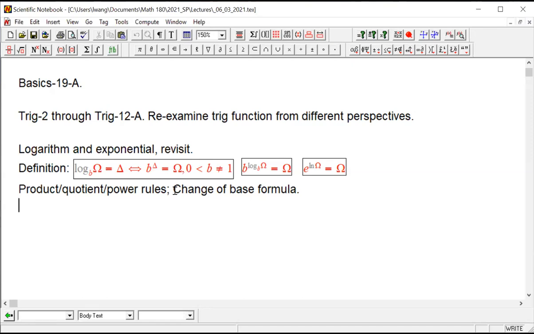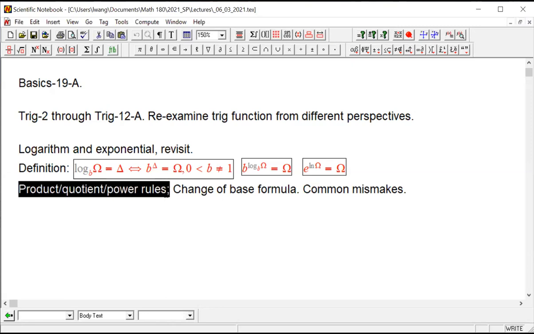And the common mistakes. Remember the common mistakes. We talk about those common mistakes. We talk about the counterexamples. So be mindful, okay? Product rule, quotient rule, power rules, there are common mistakes about them. I hope you guys will never make those common mistakes when you're in Calc.